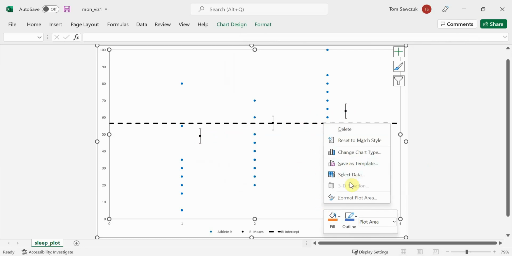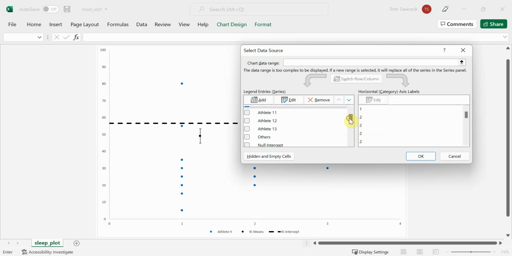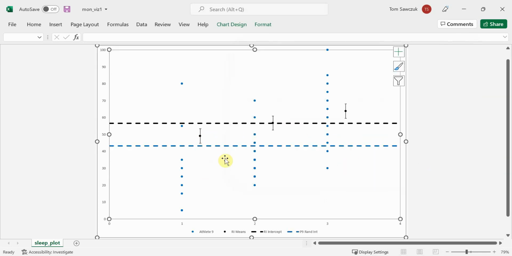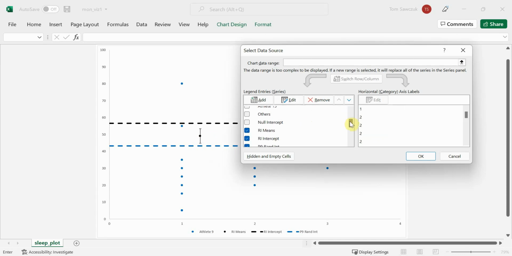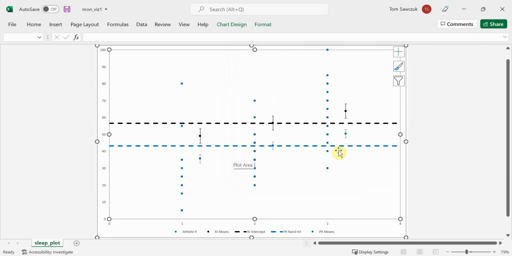And even when we put in the random intercept for athlete 9, the means still aren't that great because you'd quite like to have this one probably slightly lower, this one maybe there, maybe slightly higher, and then this one would definitely be higher.